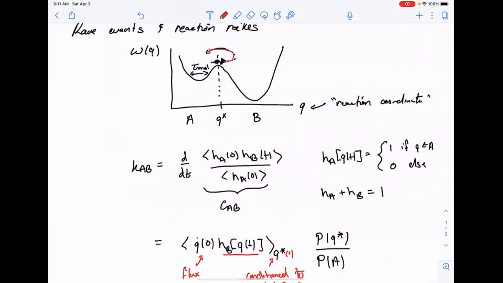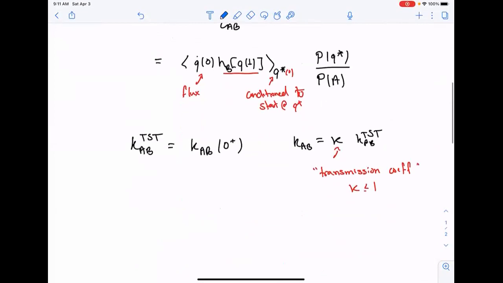These sorts of events here, while I initially am pointed in the right direction, turn me around, or maybe events that point me in the wrong direction to start with, but would carry me over to eventually react. The neglect of both of those suppresses the rate below its actual value, and thus leads to kappa being something less than or equal to 1.